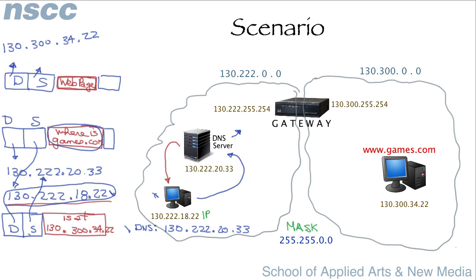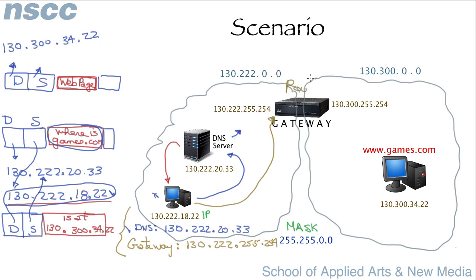It then has to send this packet to what's called a gateway. And so it has to have another setting inside its software for the gateway: 130.222.255.254. So it sends this packet to the gateway.